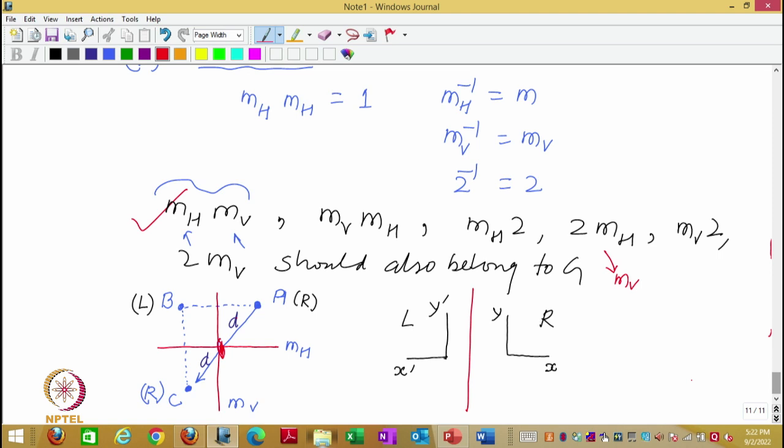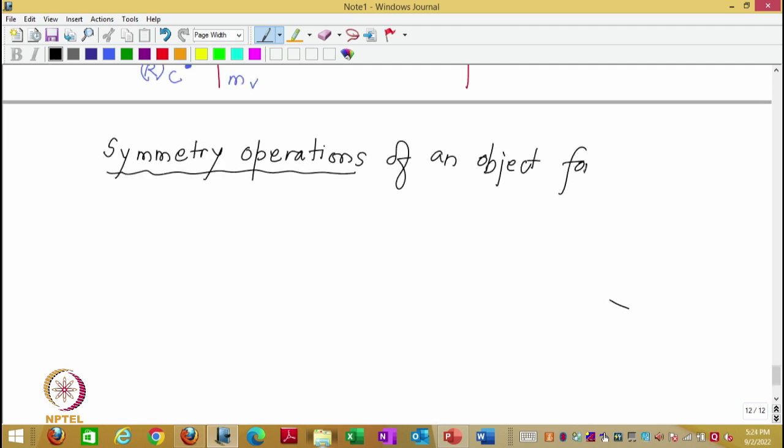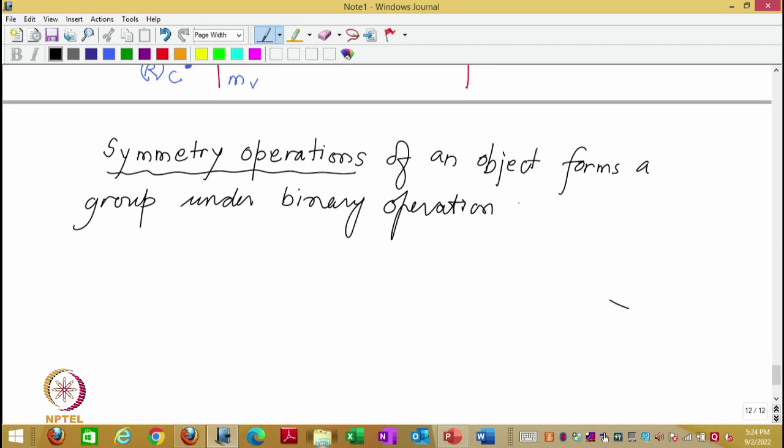So, everything is consistent. So, we get a nice group. So, that is the reason why we use the word group or symmetry group. So, symmetry operations of an object form a group under binary operation followed by.